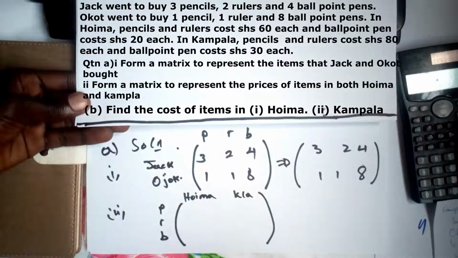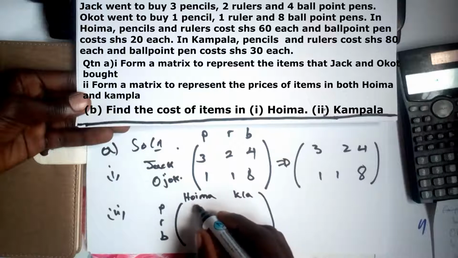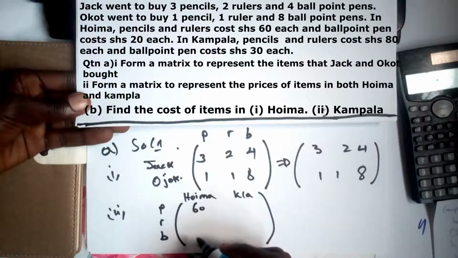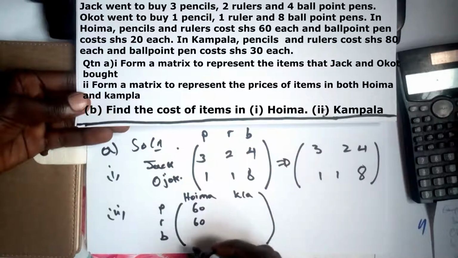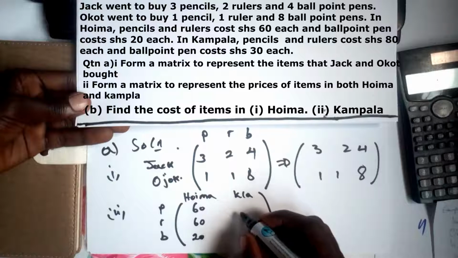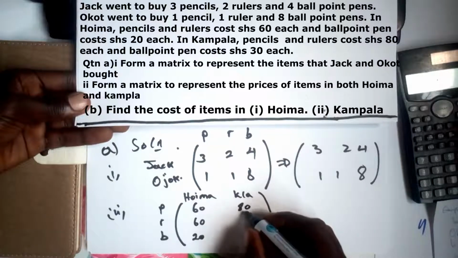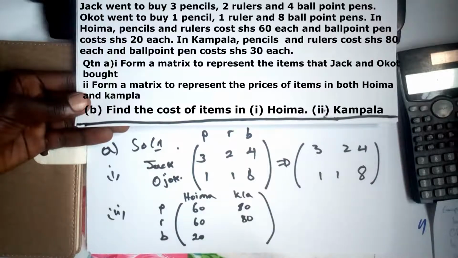If we buy these items from Hoima, the question tells us that the pencil costs 60 shillings, the ruler also costs 60 shillings, and the ballpoint pen costs 20 shillings. From Kampala, a pencil is 60 shillings and a ruler is also 60 shillings.